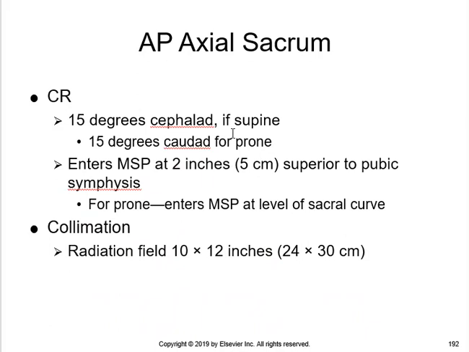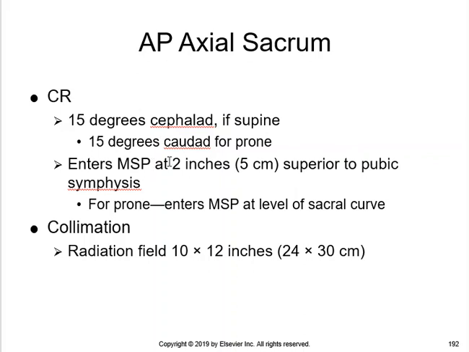So for the sacrum, what you're going to do is you're going to center your central ray 2 inches above the symphysis pubis, and you're going to angle your central ray 15 degrees cephalic. So 2 inches above the symphysis pubis. Again, the average distance between the symphysis pubis and the ASIS is 4 inches.